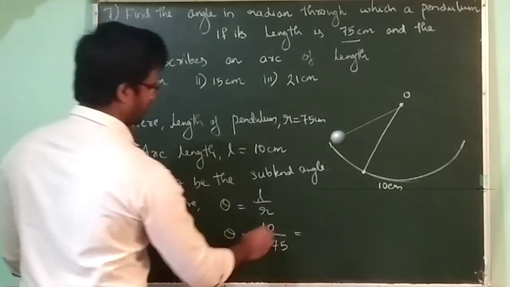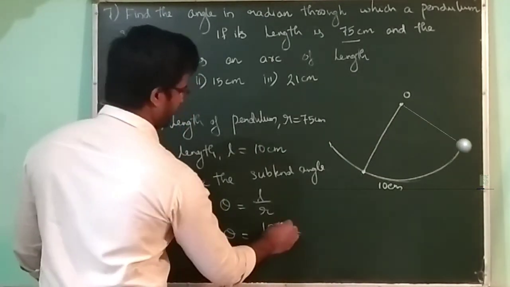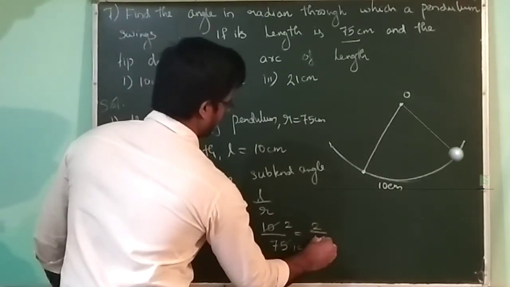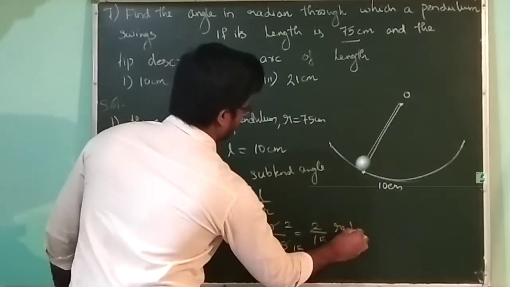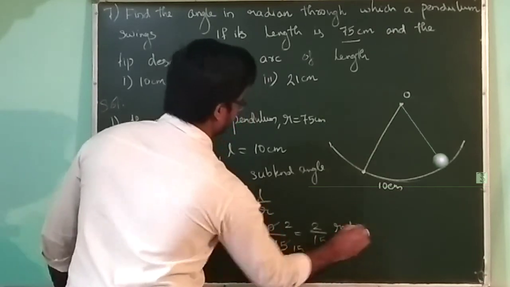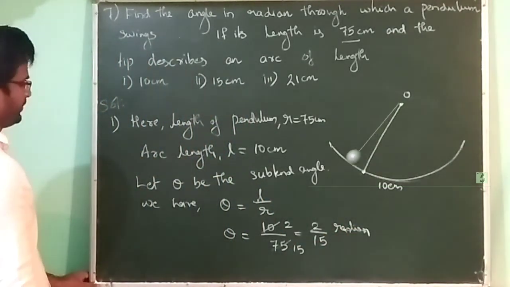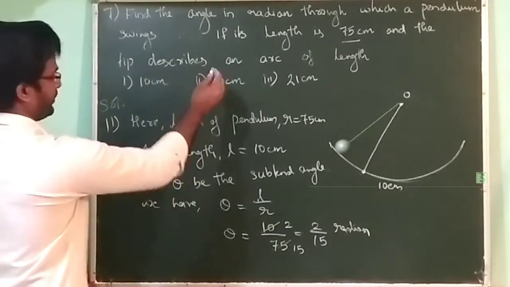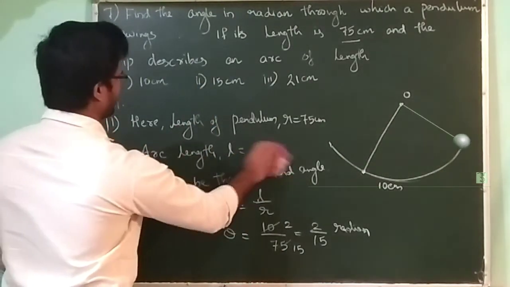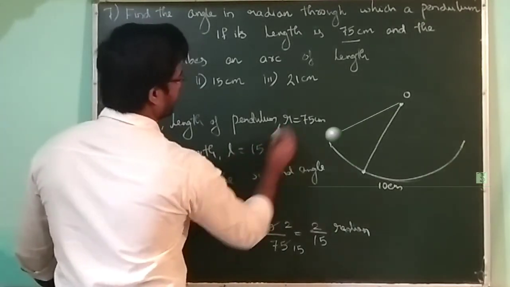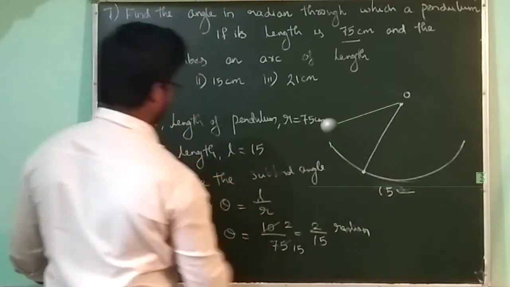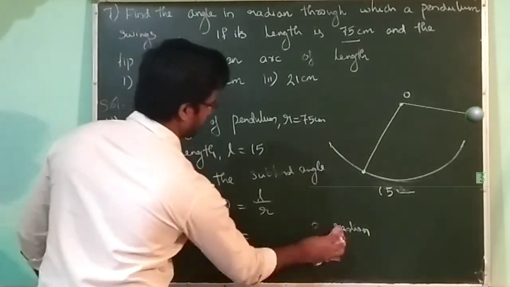What will you get? Cut it using 5: 2 by 15 radian. This is the first answer. Then Roman number 2, also 15, isn't it? That means L we can write 15 centimeter.